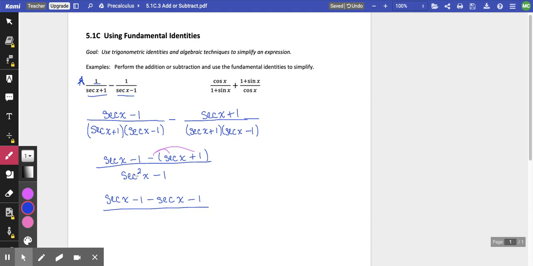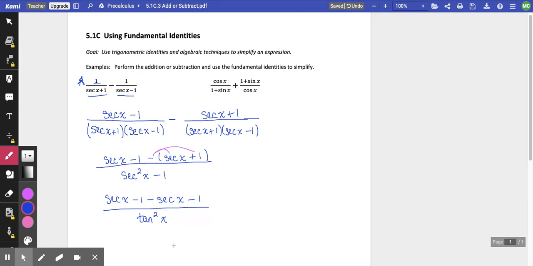Now while I'm at it, that denominator, as soon as I saw it, secant squared of x minus 1, I started thinking, gosh, that sounds an awful lot like one of our identities. And so secant squared of x minus 1 is actually the same as tangent squared of x. So I'm going to go ahead and rewrite that one right now.